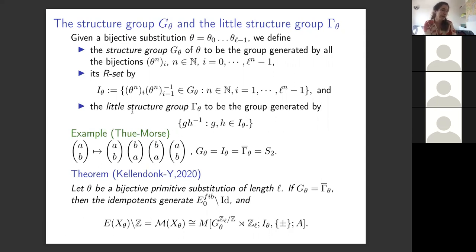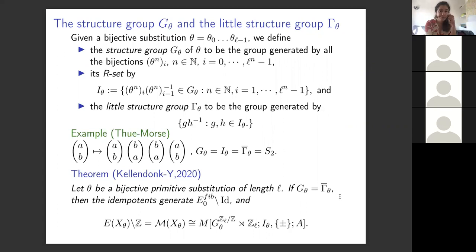You can also check that I theta is going to be S2, and therefore gamma theta bar is also going to be S2.